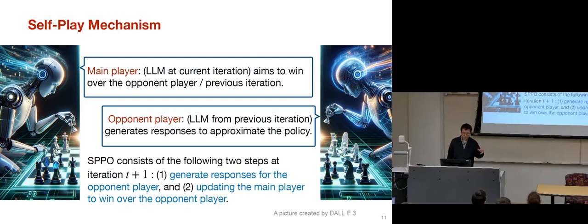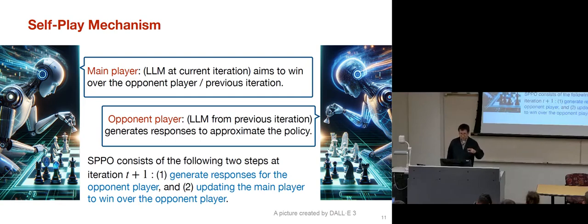There are two players, main player and opponent player. But in this setting, both players are the model being fine-tuned or being aligned. The main player is just the current model, and we want to optimize it such that it will win over the opponent player. The opponent player is the model from the previous iteration, which is used to generate responses to approximate the model's policy.